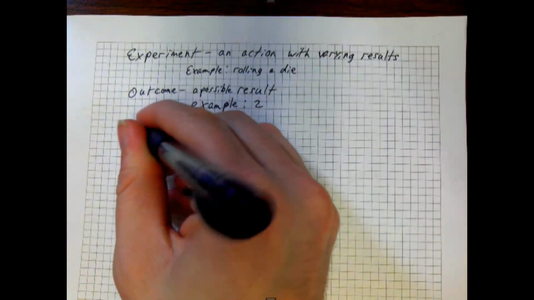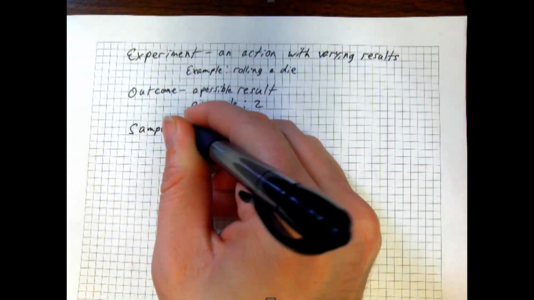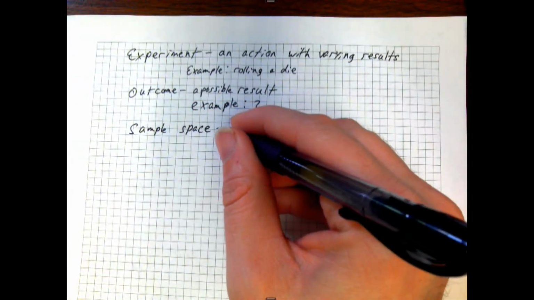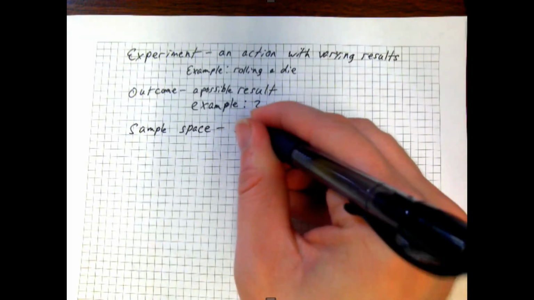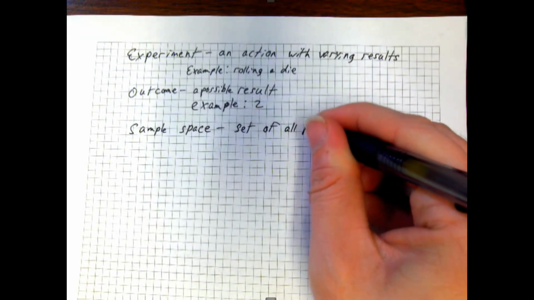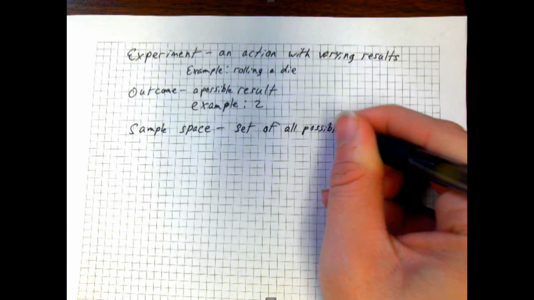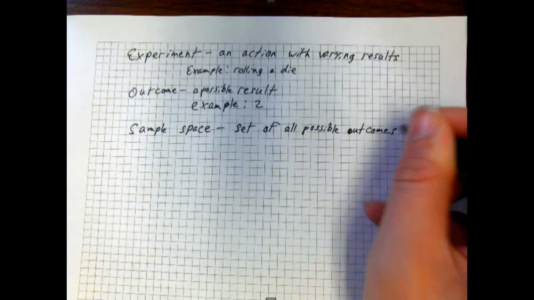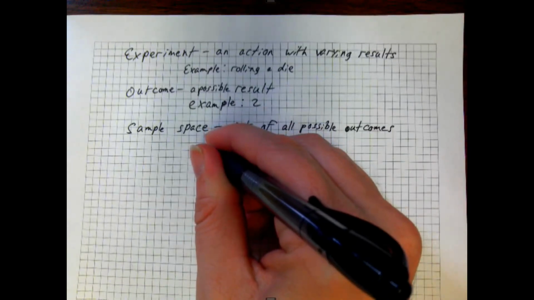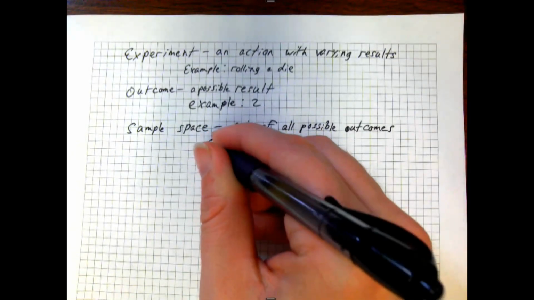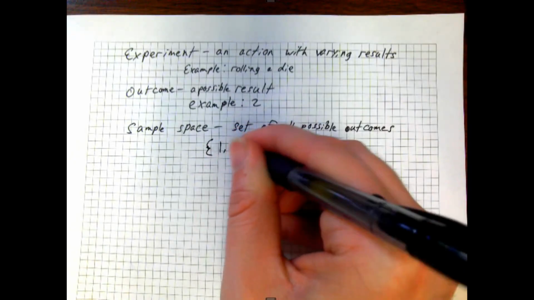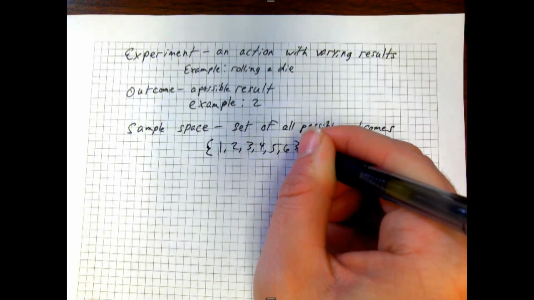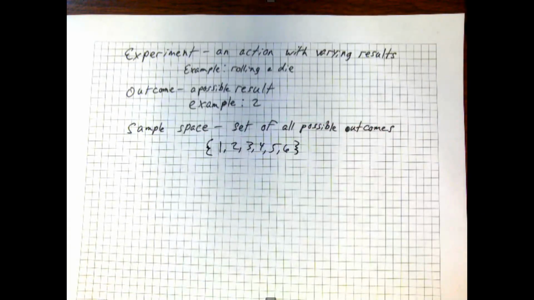The sample space is the set of all possible outcomes. So for rolling a die, that would be 1, 2, 3, 4, 5, or 6. Those are the possible numbers you could roll with one die.